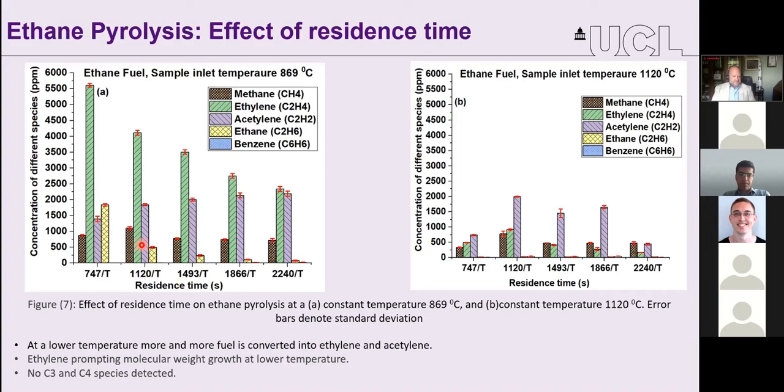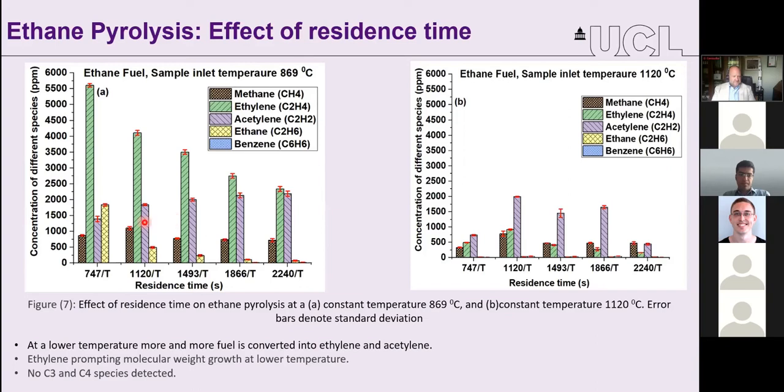This observation confirmed the finding from the methane pyrolysis at this lower temperature about its stability. The higher concentration of ethylene at this lower temperature regime suggested its role in promoting molecular weight growth along with acetylene. The concentration of acetylene increased with increase in residence time.